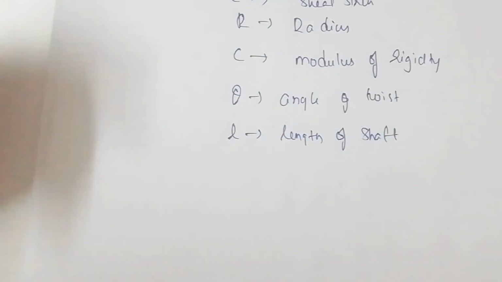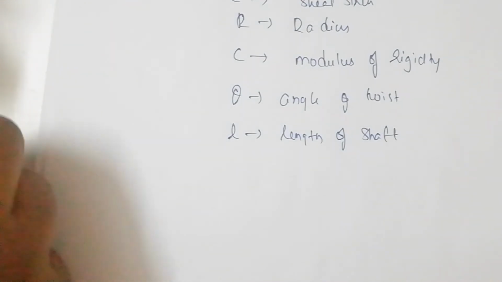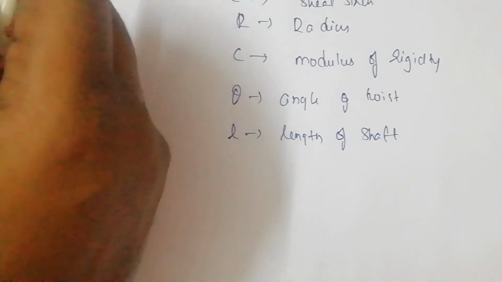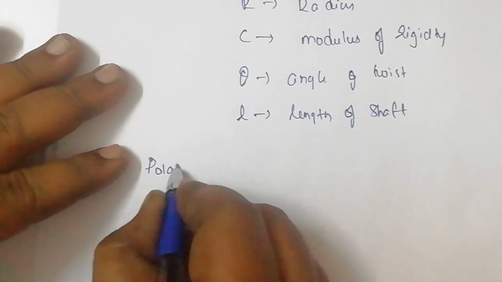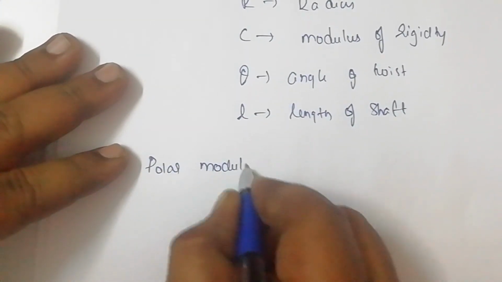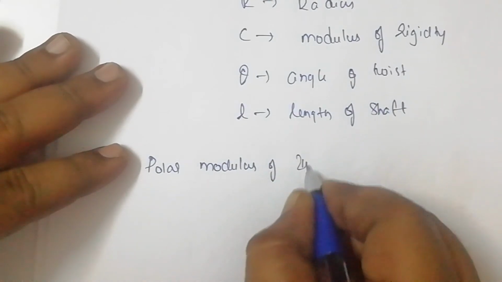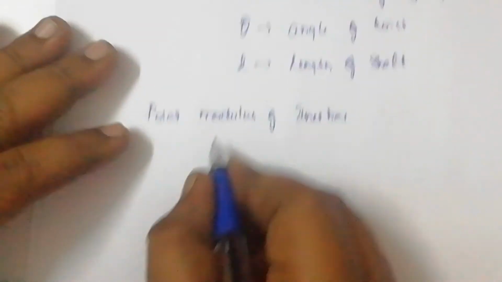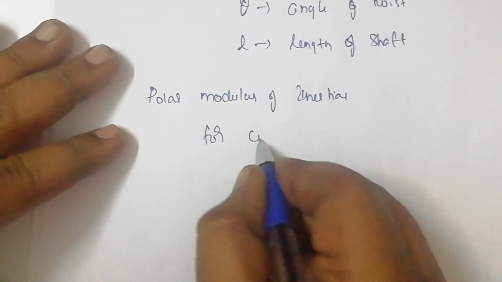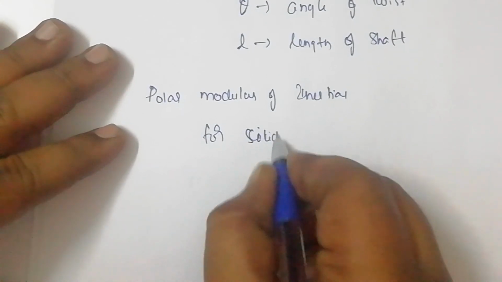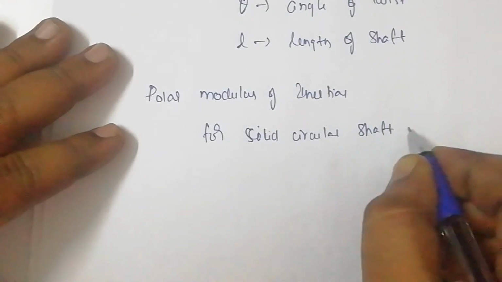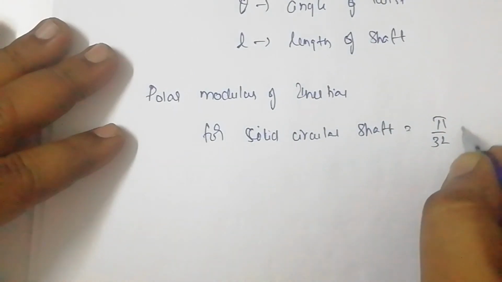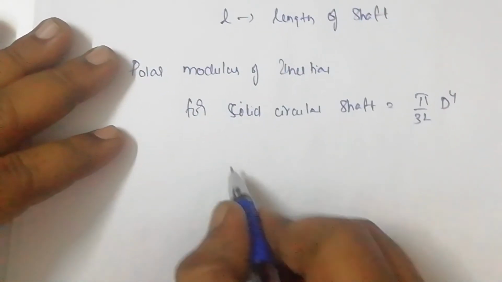This polar modulus of inertia is only for circular elements. For a solid circular shaft, remember these two values, that is more than enough for you: pi by 32 of d power 4.